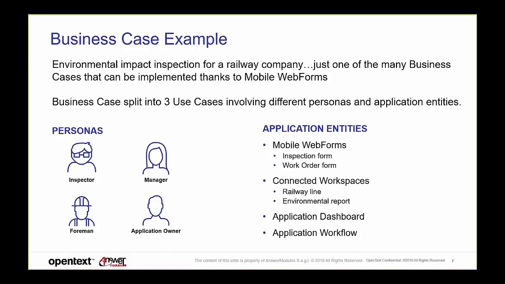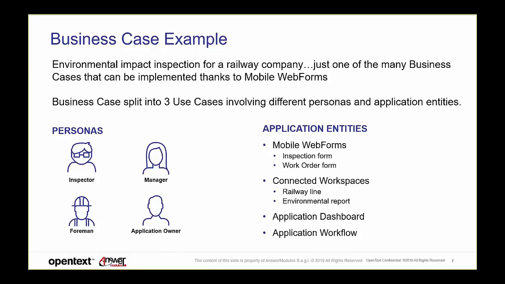We have the inspector. Essentially, his role is to inspect the railway lines and submit a report if anything is wrong. Then we have a manager who's analyzing these reports and assigning work tasks. Then we have a foreman who is heading up the team to conduct the required maintenance works.